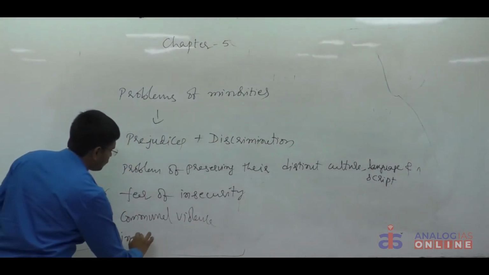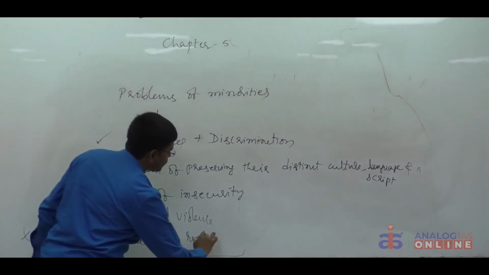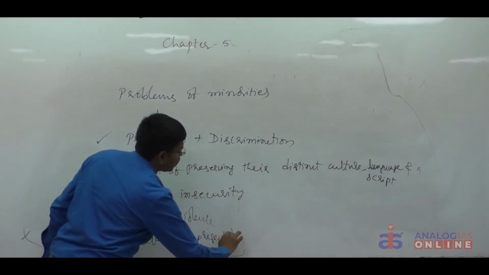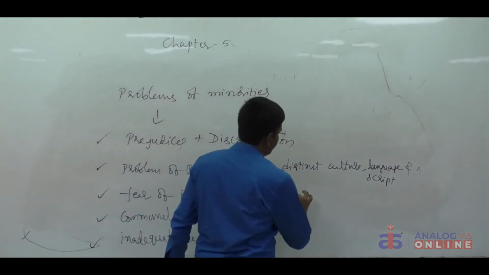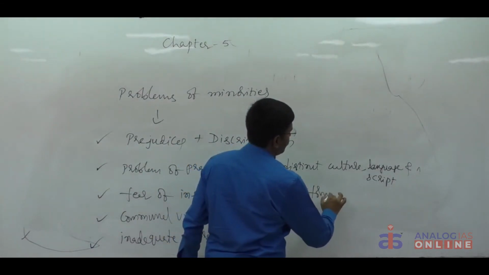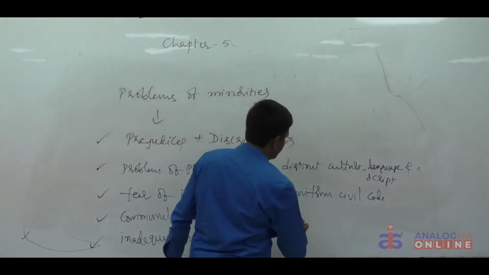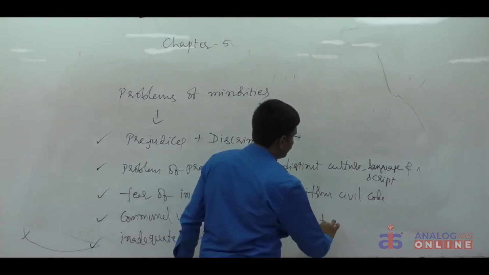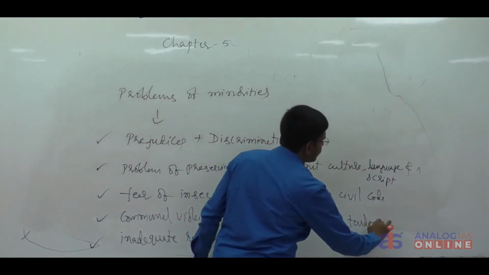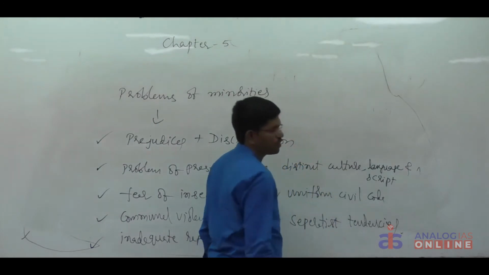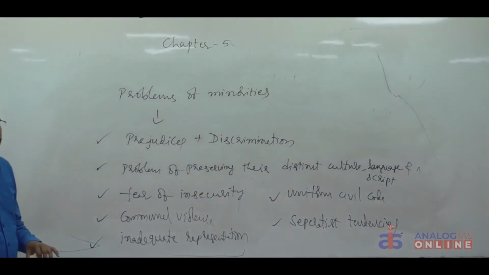Inadequate representation in politics and government services. Uniform civil code. Separatist tendencies. And the problems created because of these separatist tendencies. These are the main problems.